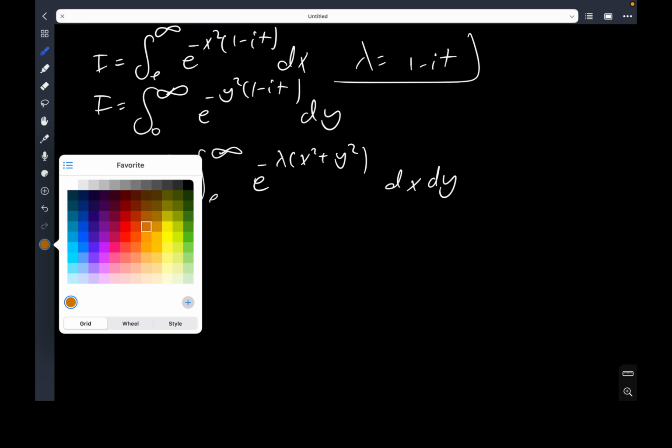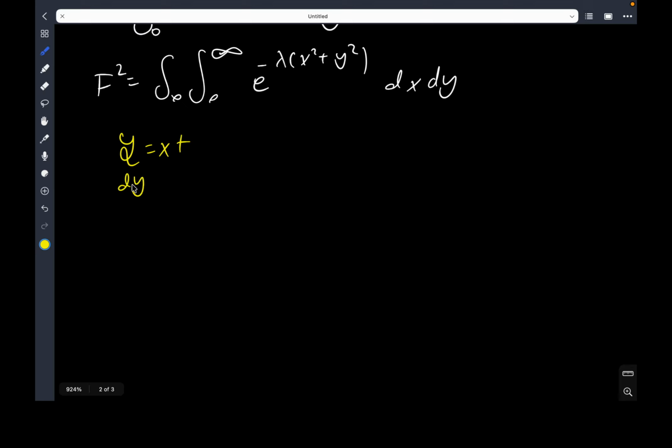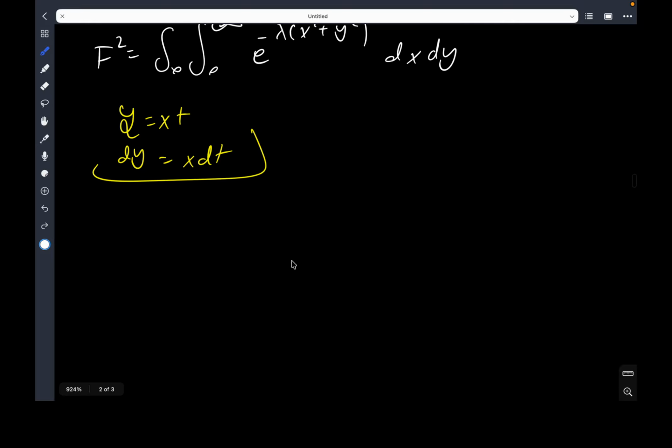Here I'm going to do a substitution. I'm going to say y equals xt, and if I differentiate, dy is x dt. So we're going to use this instead of polar coordinates.